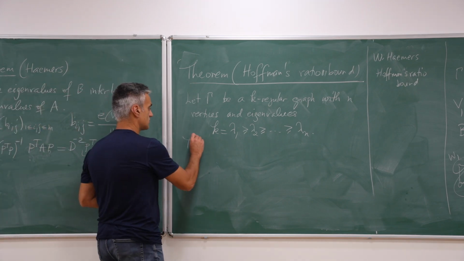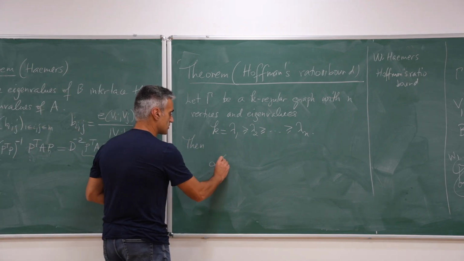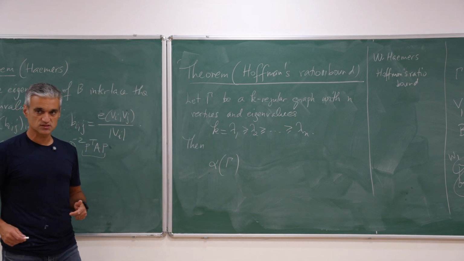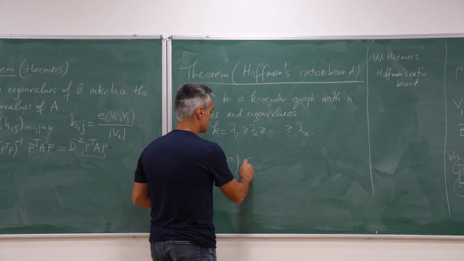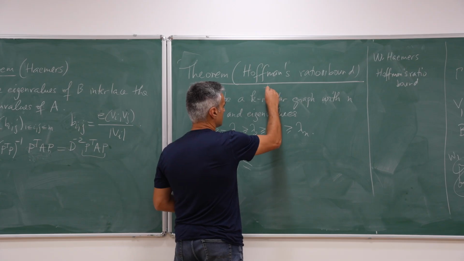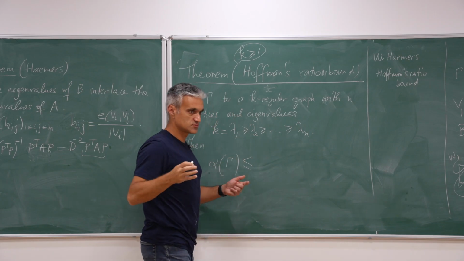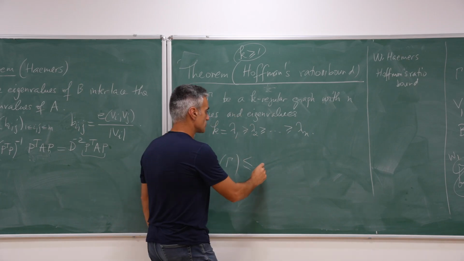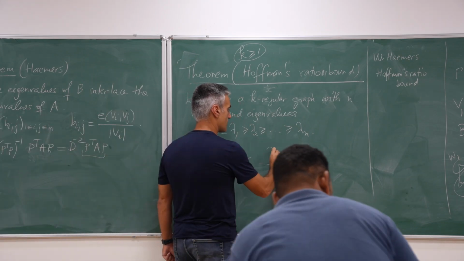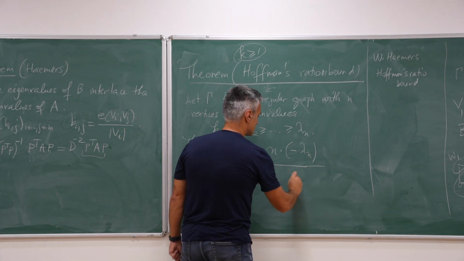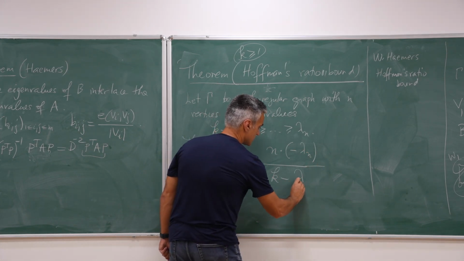Then the independence number of the graph, the maximum number of vertices such that no two are adjacent, is bounded from above. Here I take k to be greater or equal to 1, so that we avoid trivialities. So it is less than or equal to n times minus lambda n divided by k minus lambda n.